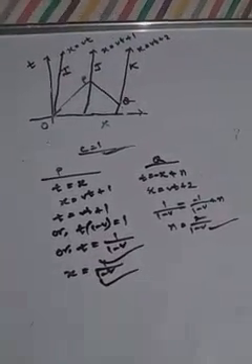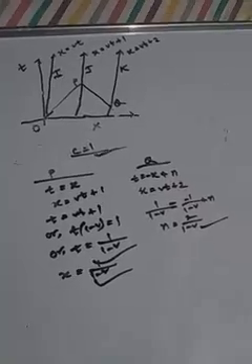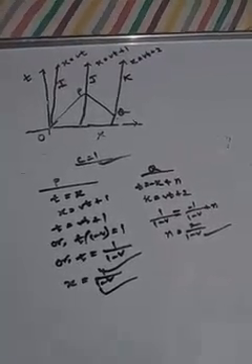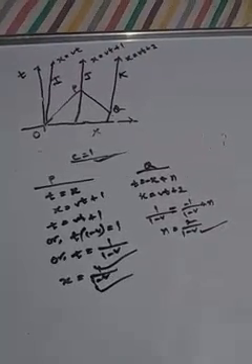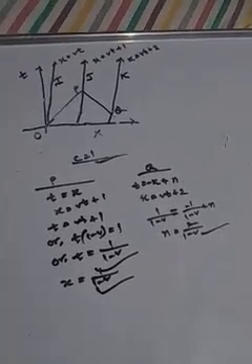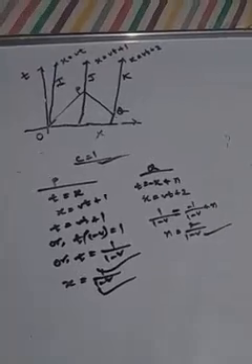Okay, now we have the value of n. We will substitute something: x equals vt plus 2.